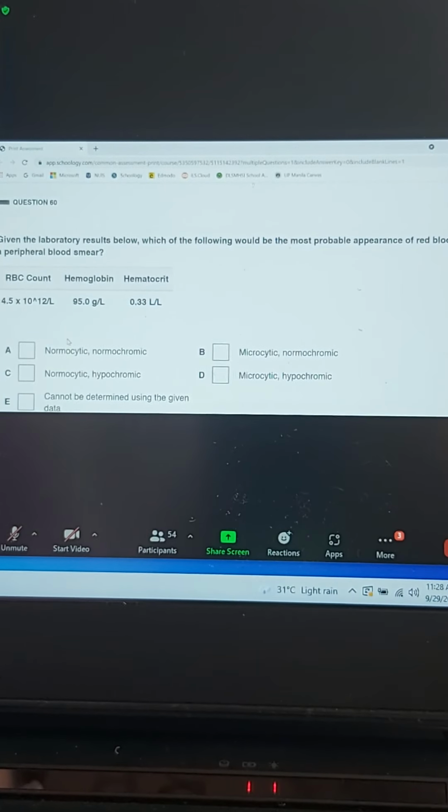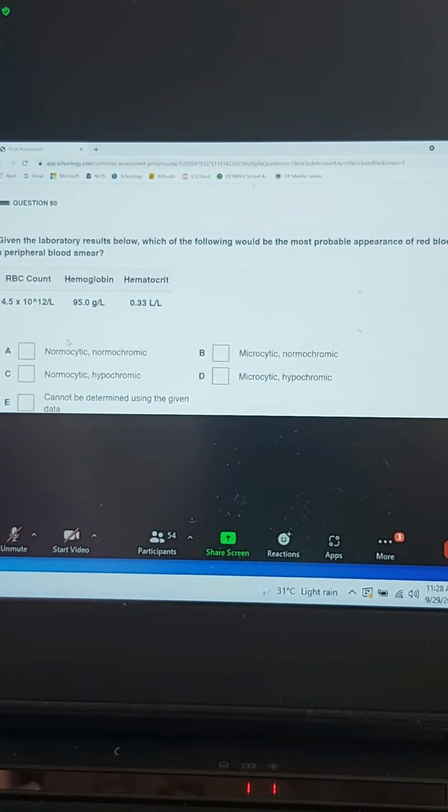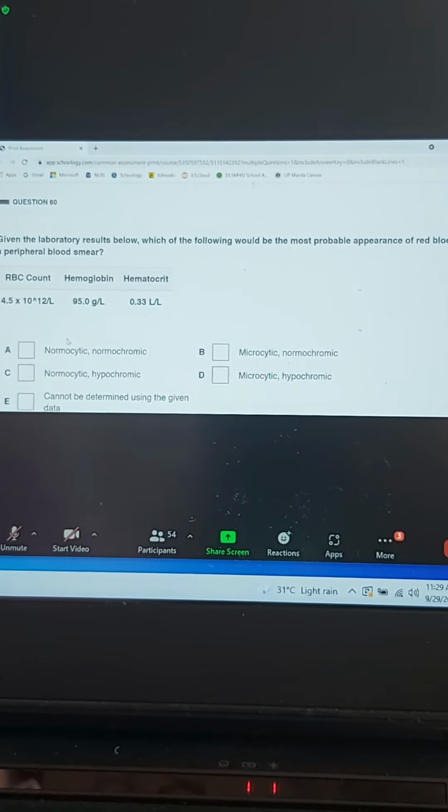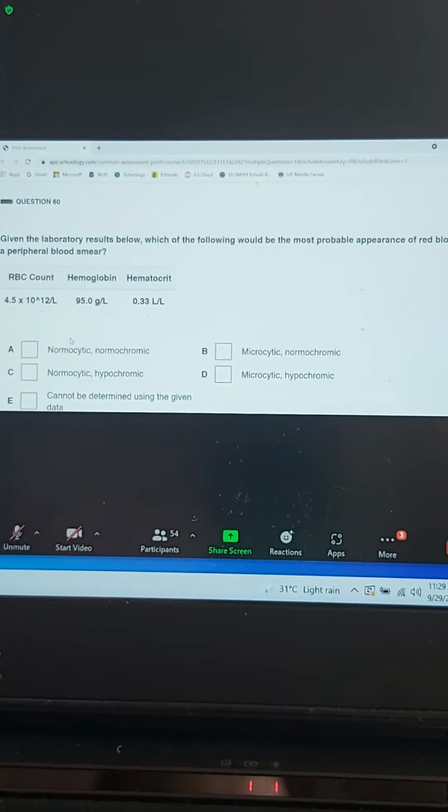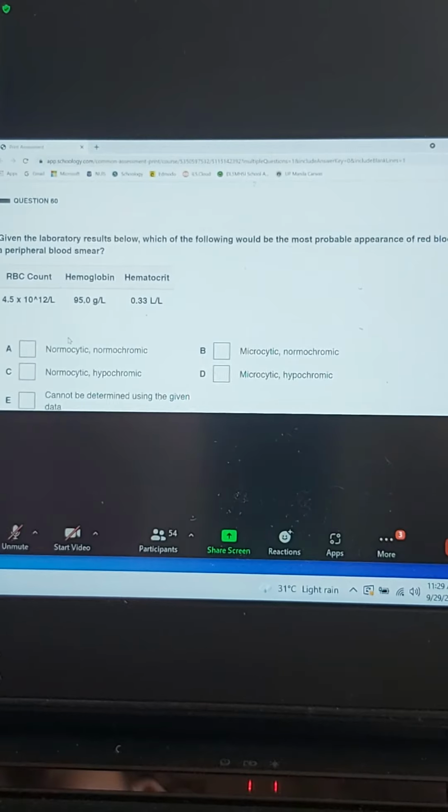So ang MCV natin is your hematocrit divided by your RBC count times 10. So 33 divided by 4.5 times 10. So ang MCV natin ay 73 femtoliters which is below 80. So that's microcytic. Nakuha nyo?